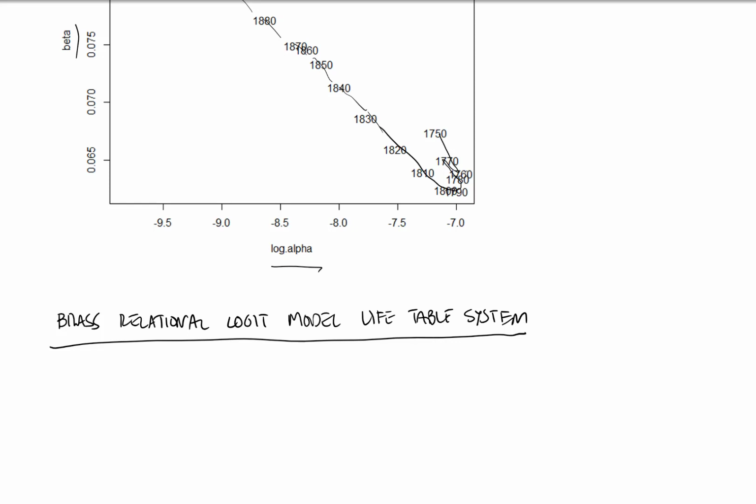He had a problem, which was that at the time when he was working, the mid-1970s, there were not very many reliable life tables that he could use to model the mortality experience in the parts of Africa he was working in.